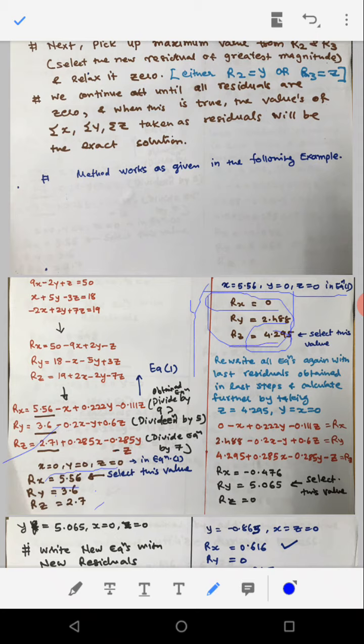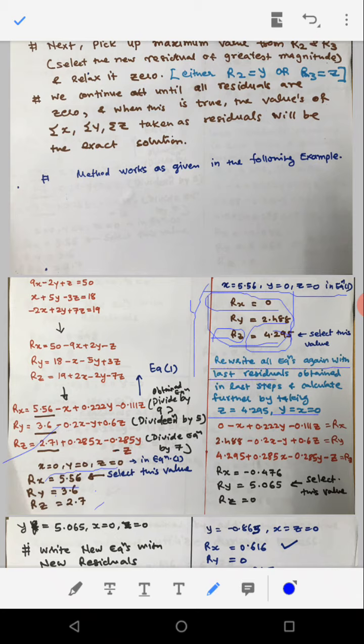Okay. So for the next set of equations, z is equal to 4.295, because it's the third residual, third equation. So we are picking up z, value of z is equal to Rz is equal to 4.295, and the rest y and x are 0. Again, rewrite all the equations with the last residuals.